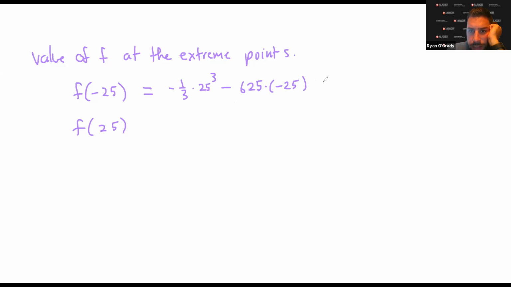So this is actually not too difficult to do by hand. You're left with -1/3 times 25 cubed, and then this is plus 25 cubed, because a negative times a negative is plus. And so another way of writing this is 2/3 times 25 cubed.